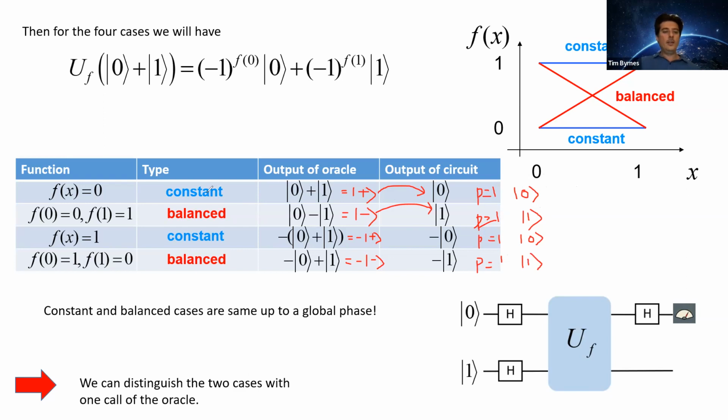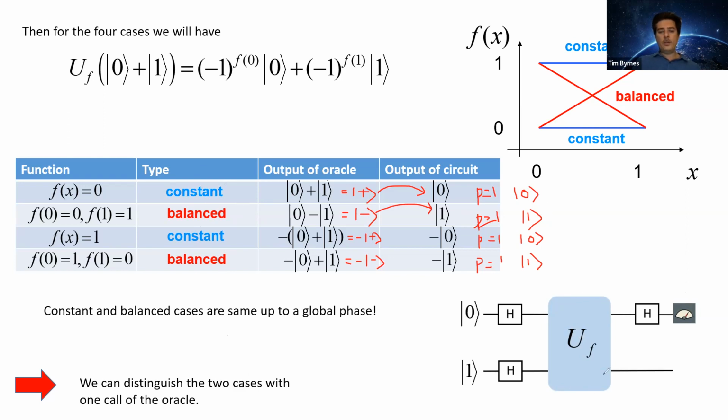And this is exactly in the right correlation: where you get 0 is exactly where you get these constant circuits, and where you get 1 is exactly where you get these balanced circuits. So we can distinguish these two cases with only one call of the oracle. In this circuit, there's only one call of this box here.